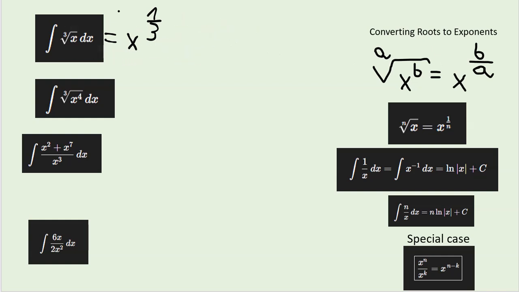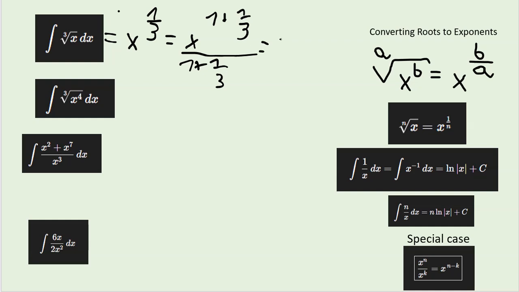And how to calculate? Again, you need to apply the power rule for this. So the power rule for that will be x to the power of 1 plus 1/3, over 1 plus 1/3. So it's 4/3.